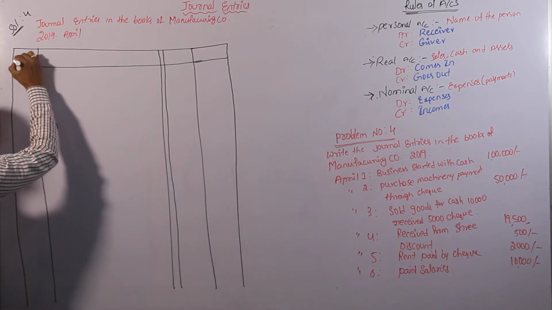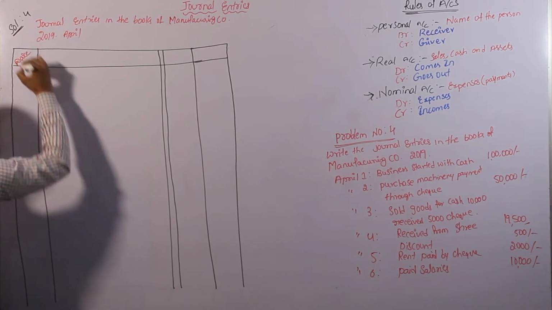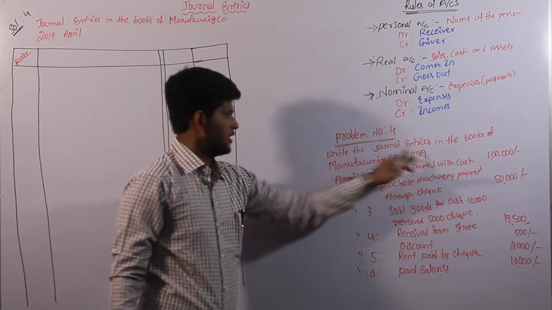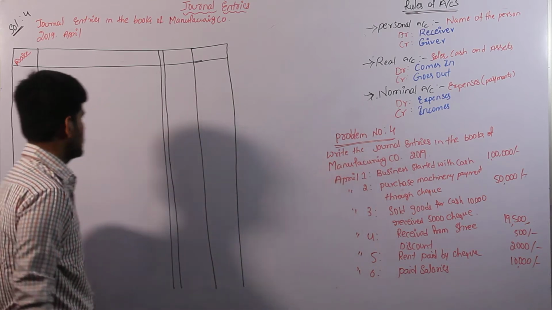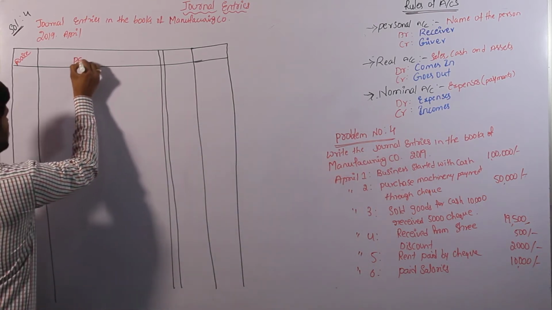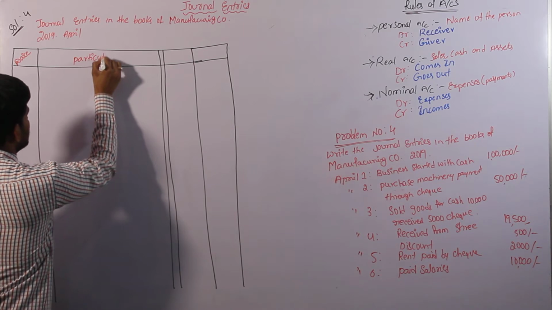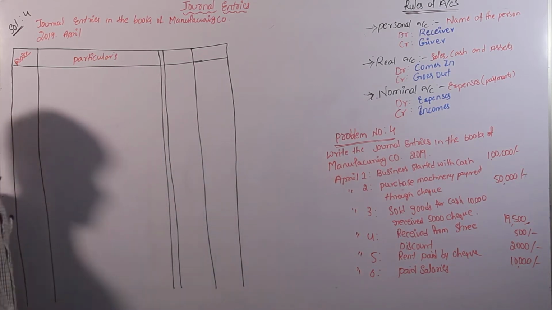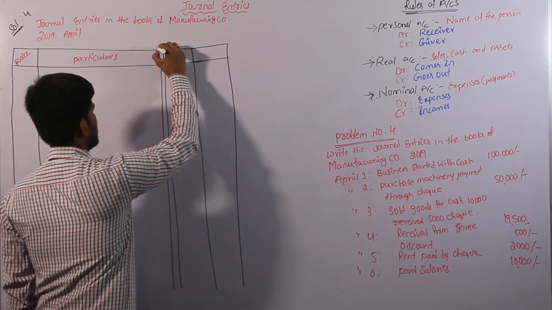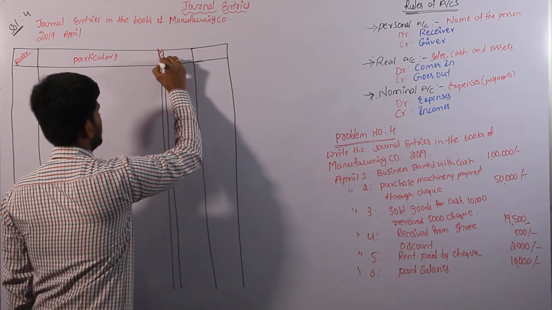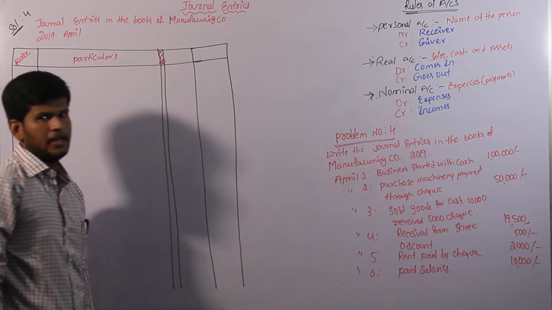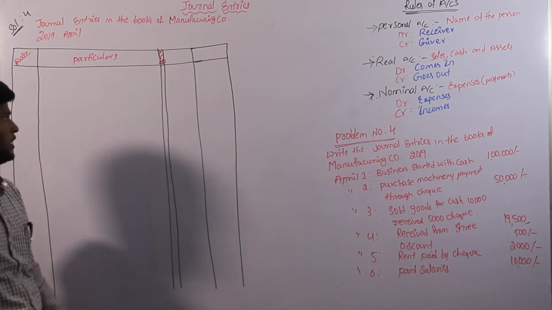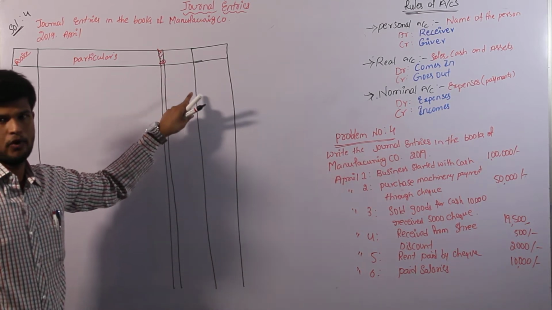The first column is date. In the date column we write the year, month and day of the transaction. The next column is particulars, which is the entry posting space. The next one is LF number. LF number means ledger folio number.